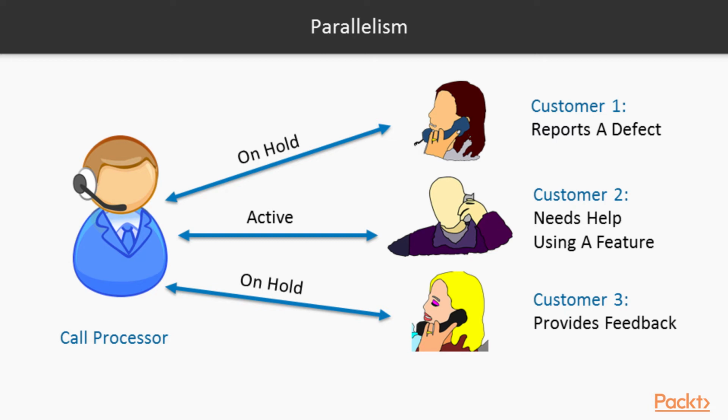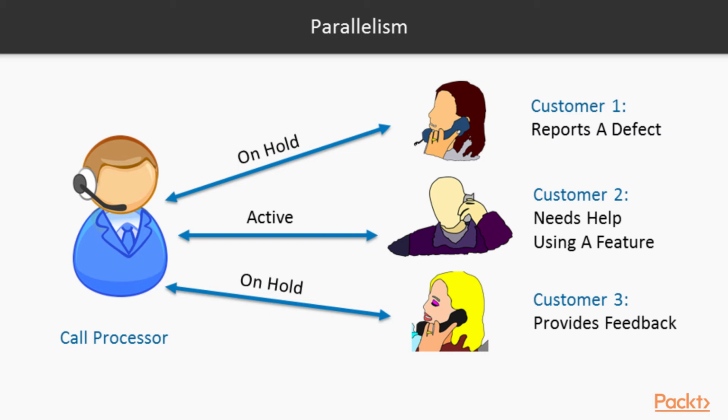Let's consider another real-world example to better understand concurrency and parallelism. We've all called a call center before. Maybe we needed technical support or some help with our account details. We are going to consider a scenario where we have a call center with only one call processor. 3 customers call the call center.